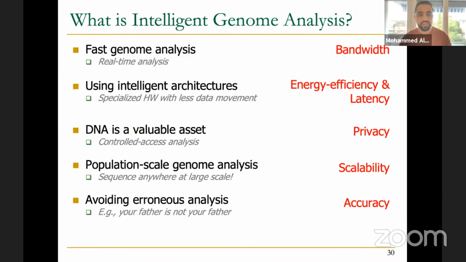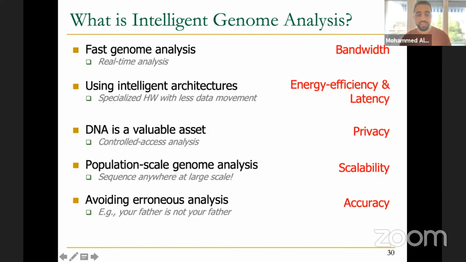Now, how about intelligent genome analysis? I was showing you the bottleneck, the steps, and how to improve efficiency using an indexing scheme, some filtering, and so on. But speed is not the only important metric here, since we are dealing with genetic data, which can be thought of as medical data.